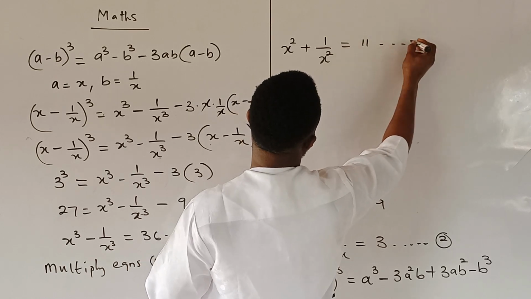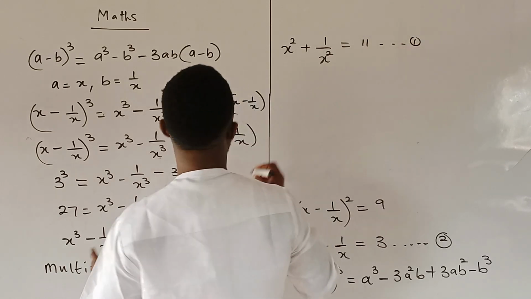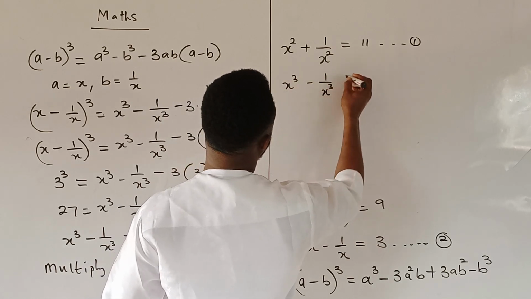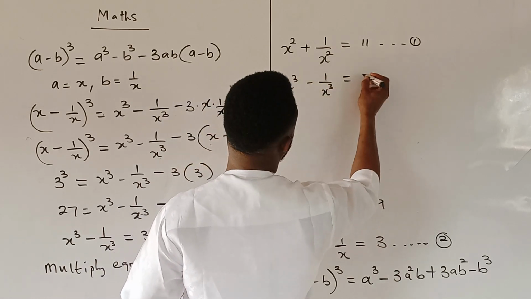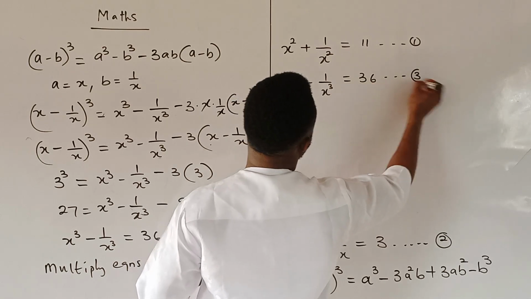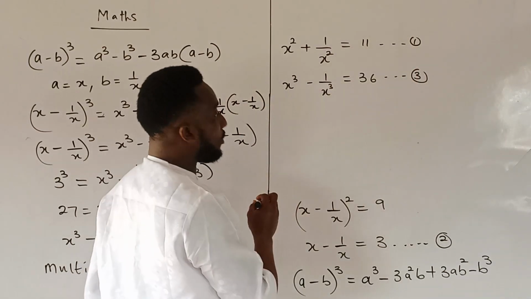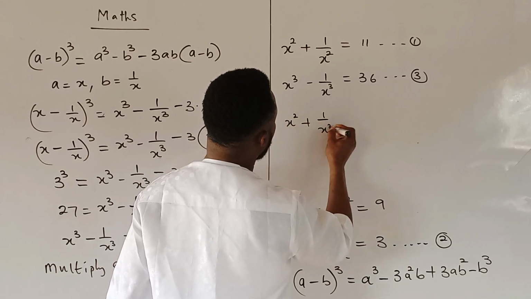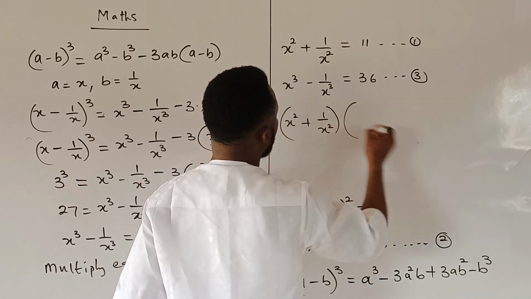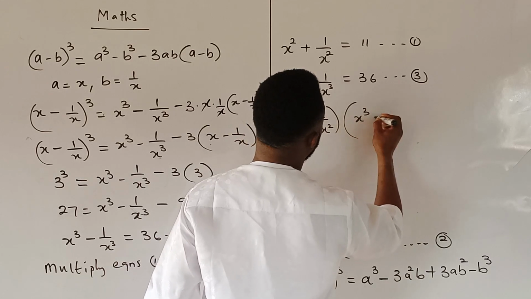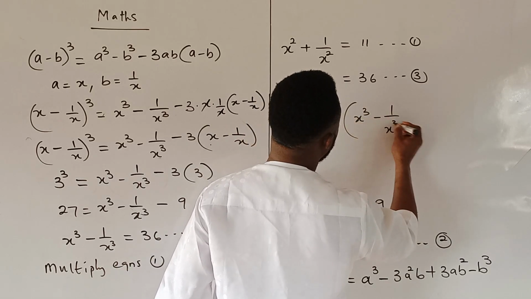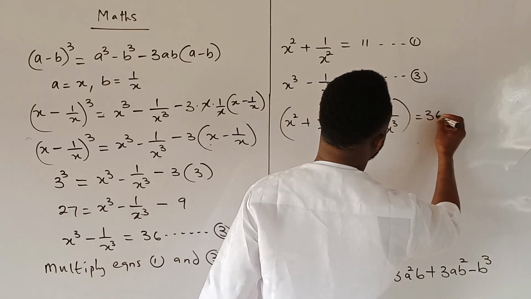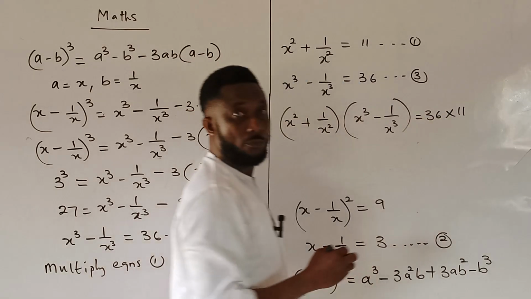Then equation 3 is x cubed minus 1 upon x cubed equal to 36. So if I multiply them, I'm going to be having (x squared plus 1 upon x squared) in one parenthesis, (x cubed minus 1 upon x cubed) in another parenthesis. That will be equal to 36 times 11.